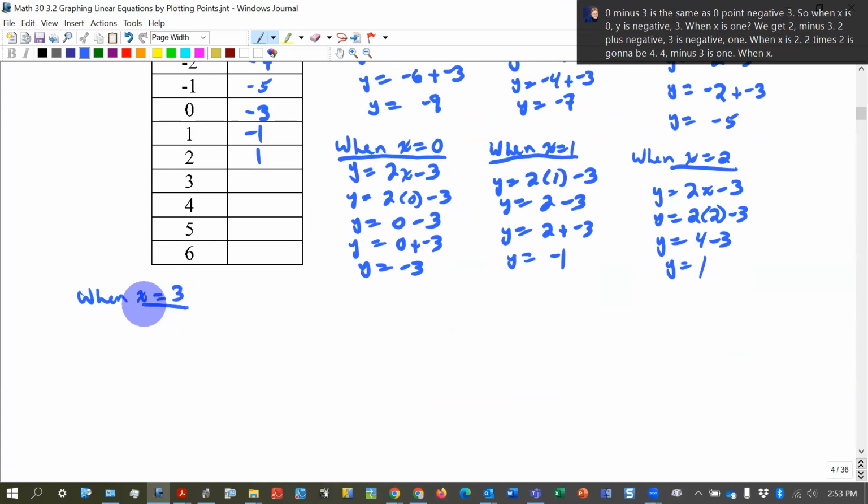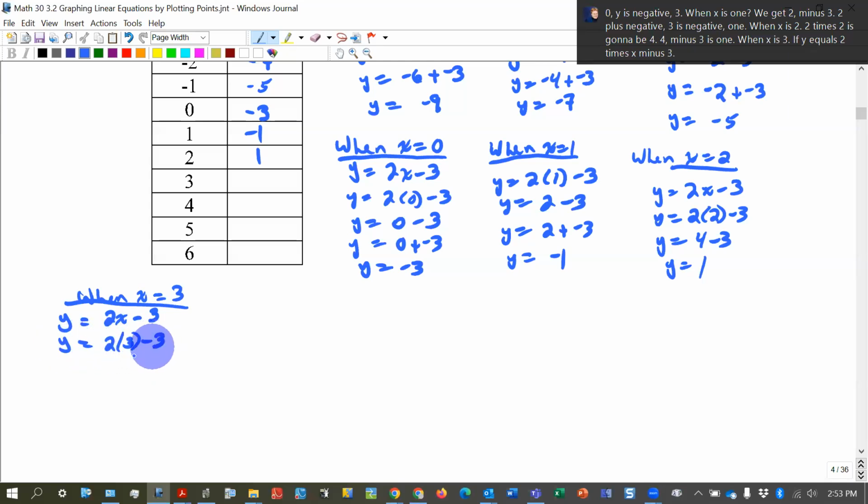When x is 3, if y equals 2 times x minus 3, two times 3 is 6. 6 minus 3 is 3.